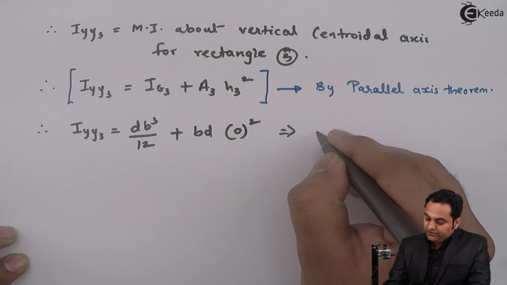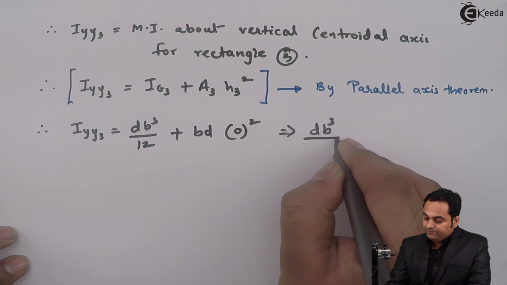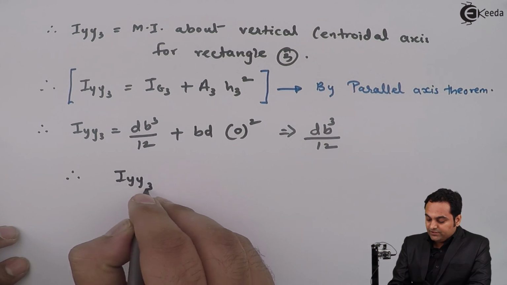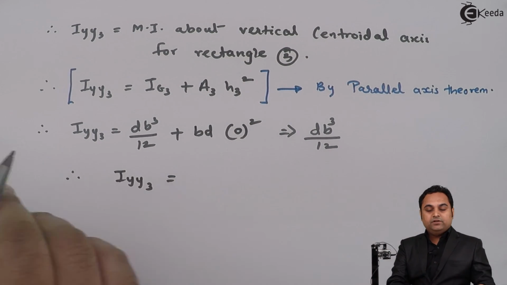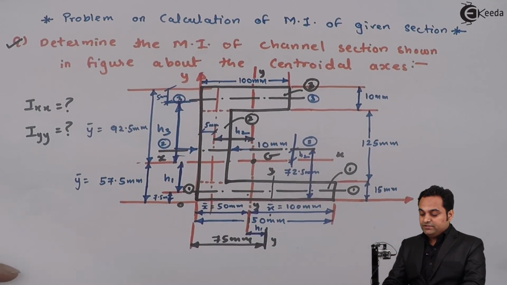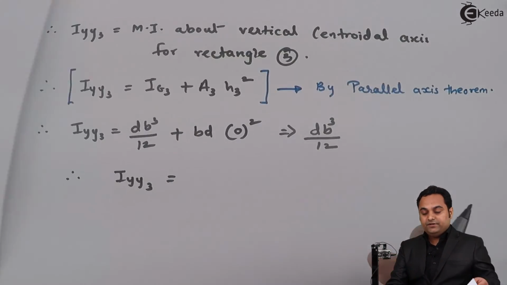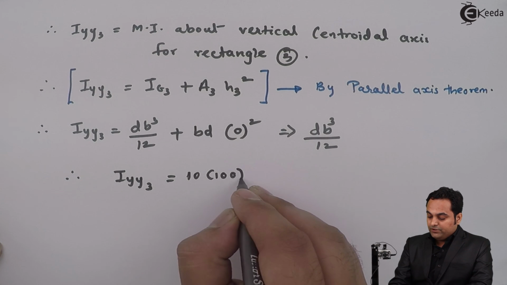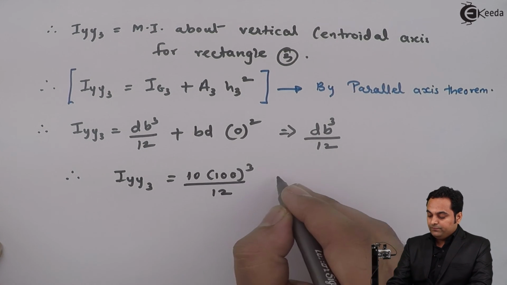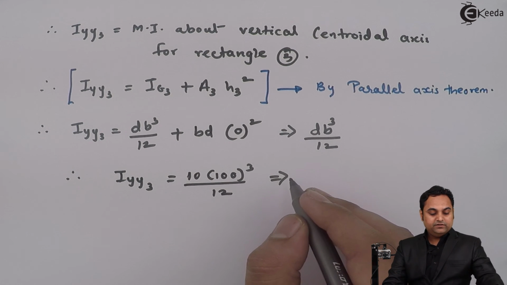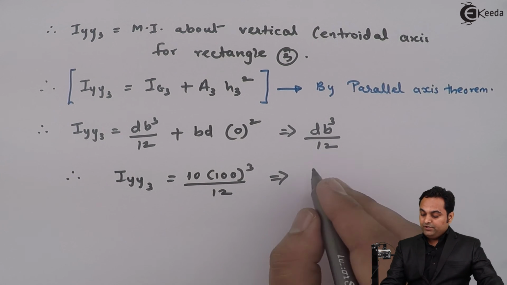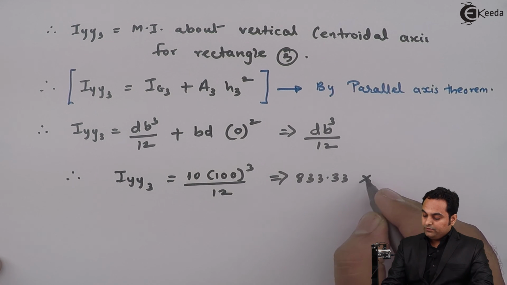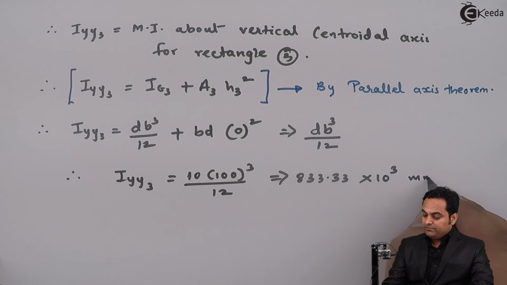The formula is reduced to db cube by 12. So hence Iyy3 will be equal to d and b values. Here d is 10 and b is 100. So 10 into 100 cube divided by 12. So Iyy3, the answer is 833.33 into 10 raised to 3 mm raised to 4.